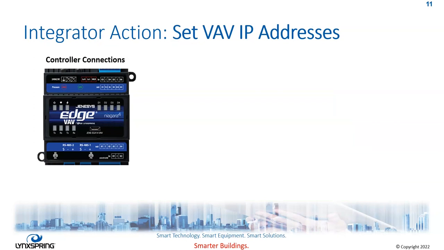For the Edge VAV controller, for the purpose of setting the IP address, two connections are used. The first one is the USB connection that is next to the primary port. This is actually a mini USB and not a micro. Again, a mini USB port will be required, and the IP address is going to be 192.168.7.2.